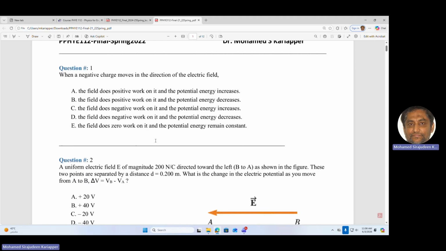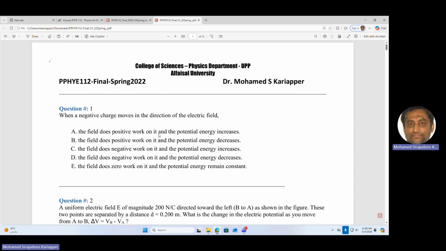Right. Question number 1. This is spring 22. Okay. When a negative charge moves in the direction of the electric field. So this is kind of opposite of what we did with last year's exam, right? Now, because here we have a negative charge.